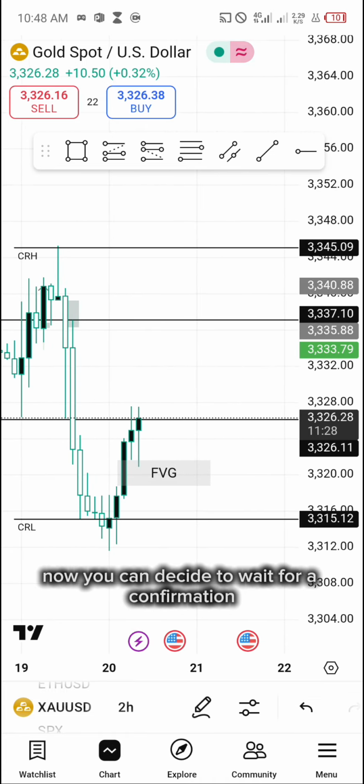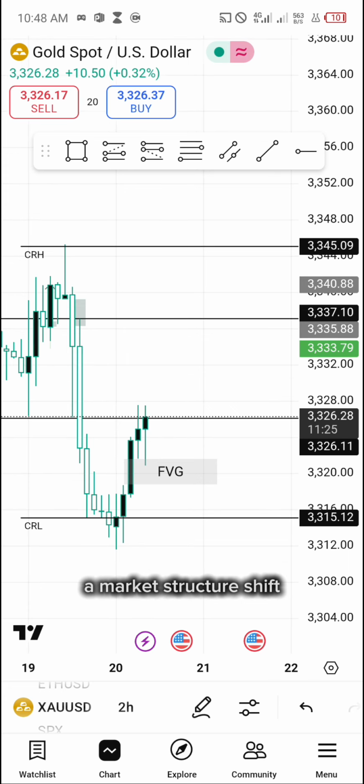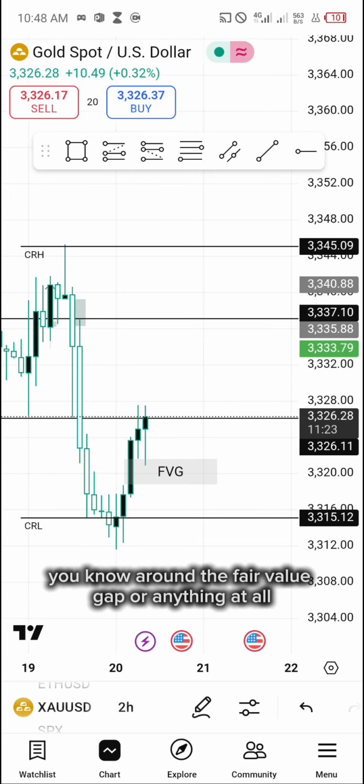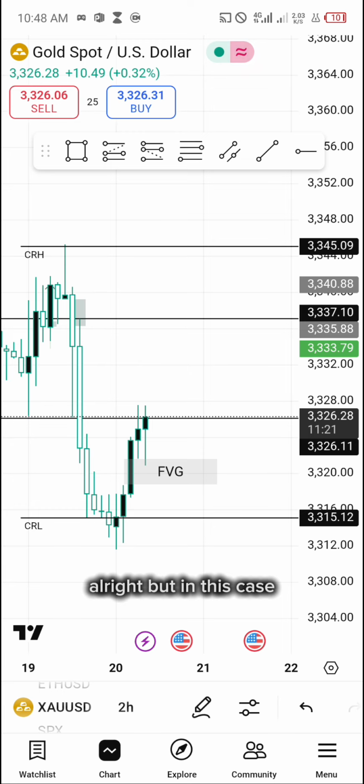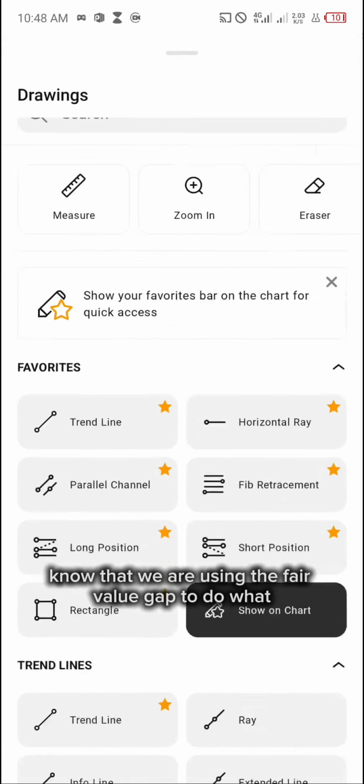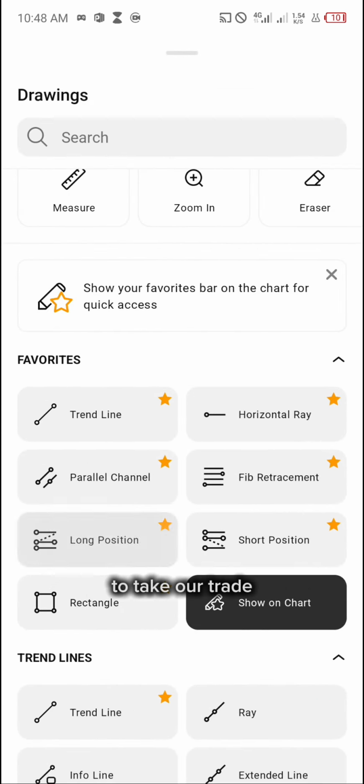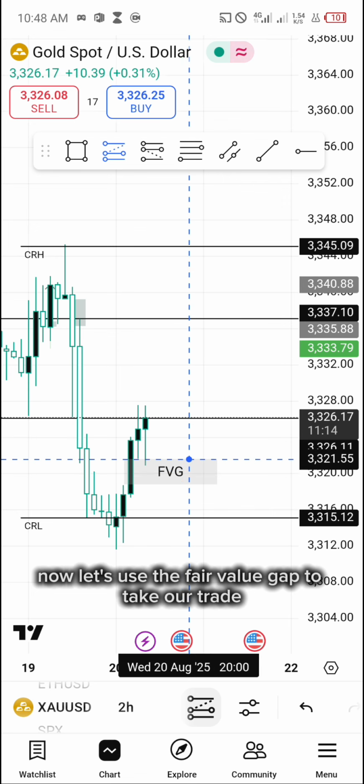Now you can decide to wait for a confirmation, like a market structure shift around the fair value gap, or anything at all. But in this case, just know that we are using the fair value gap to take a trade.